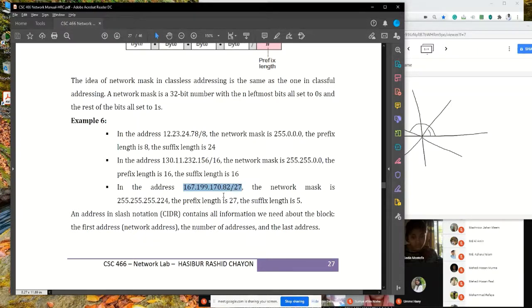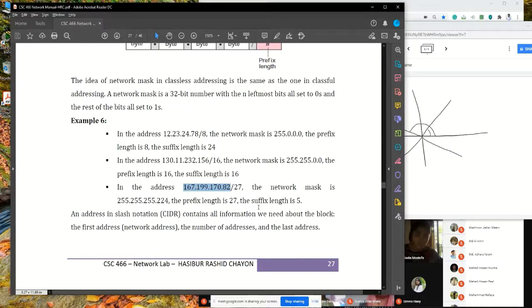Do you understand the difference between classful and classless? Let's consider this is the IP address. Let's consider we don't have this portion. If you just look at this IP address, it is very simple, it is 167, 199, 170 and 80. Obviously this is a class B address, and we know that the network portion of class B is 16-bit long, right?